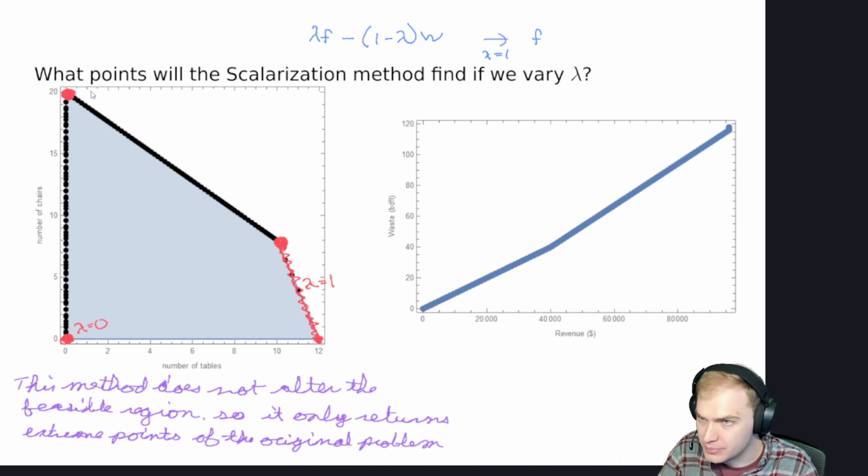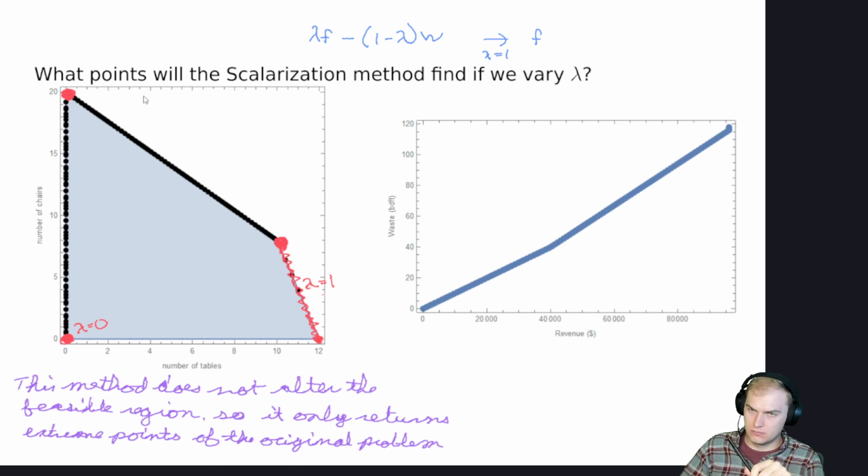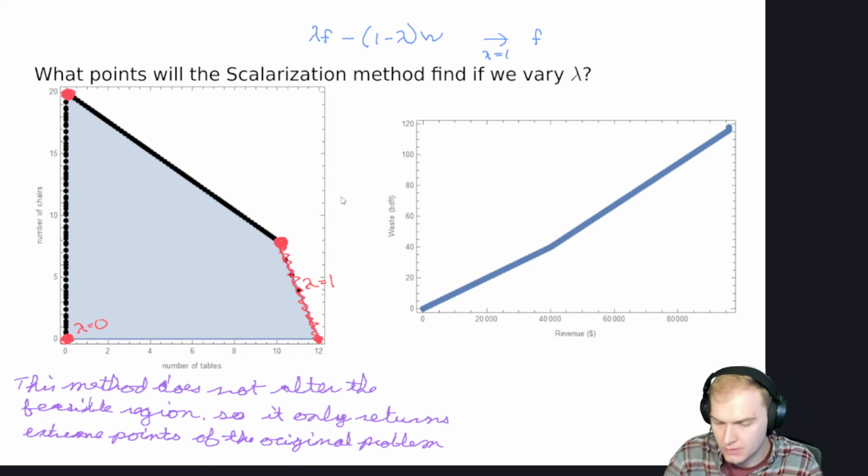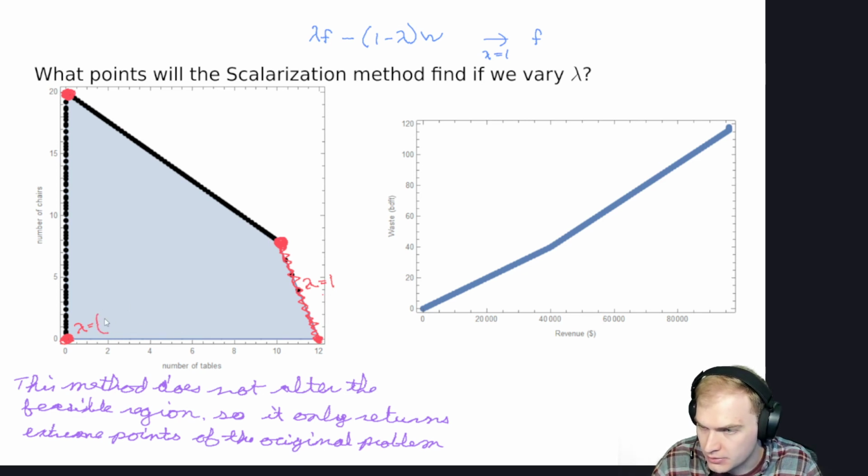I don't know exactly where the flip is, but this point is returned for, or is optimal for lambda in 0 to some number. I'm going to call it beta.